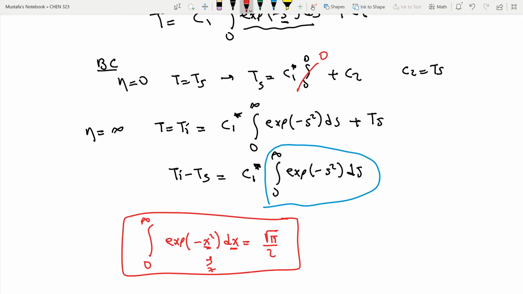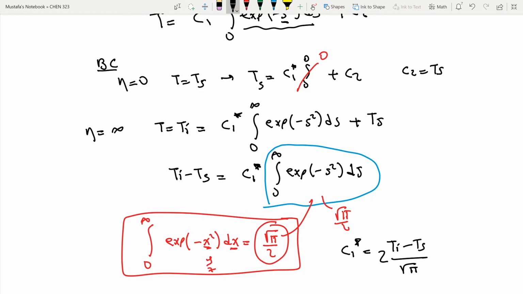So if I substitute this piece of information here, C1 star is equal to Ti minus Ts over square root of pi, and everything is multiplied by 2.